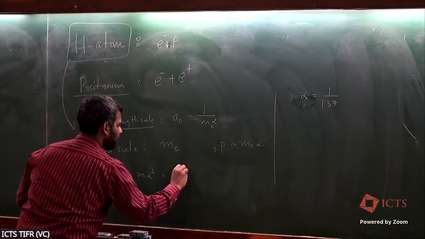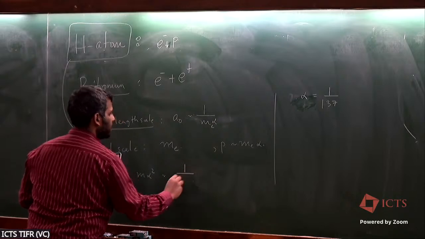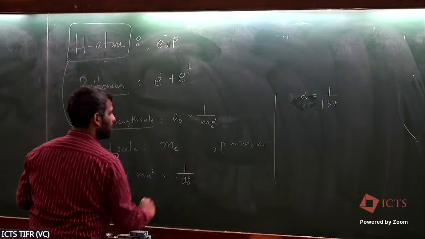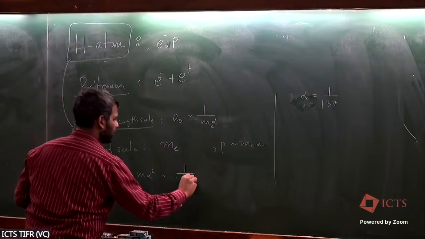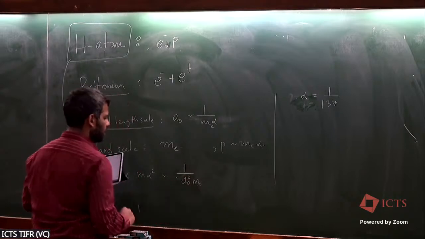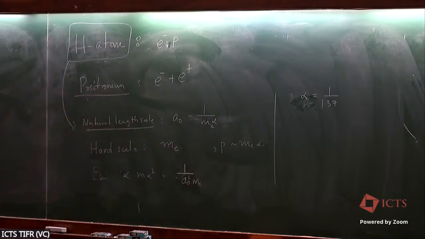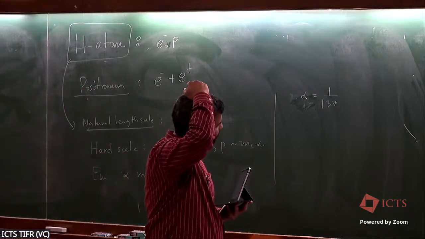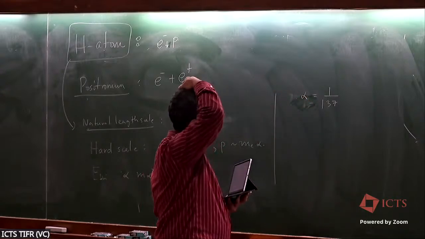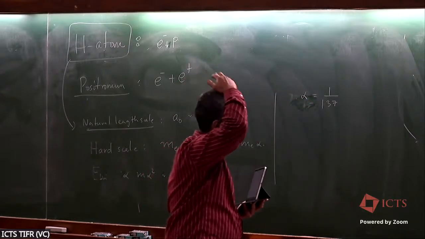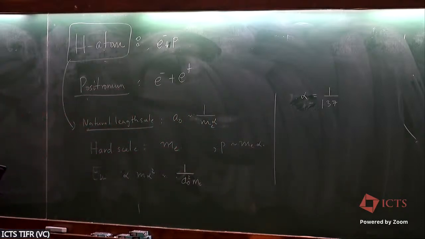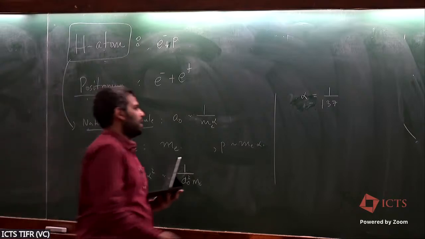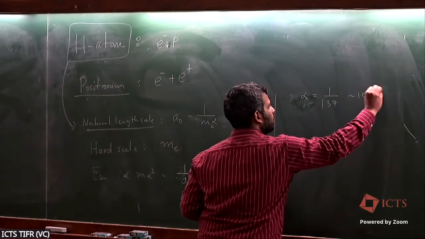I wrote it wrong. It has to be 1 by a naught square, but then it has to get the right dimensions. So yeah, I think this is the one. Thank you, sorry. So the alpha in QED is defined at one particular, probably Z mass scale or something, I don't remember, I'm sorry. So this is like 1 by 137 we use in quantum mechanics. Okay, let's take it as 10 raised to minus 2.